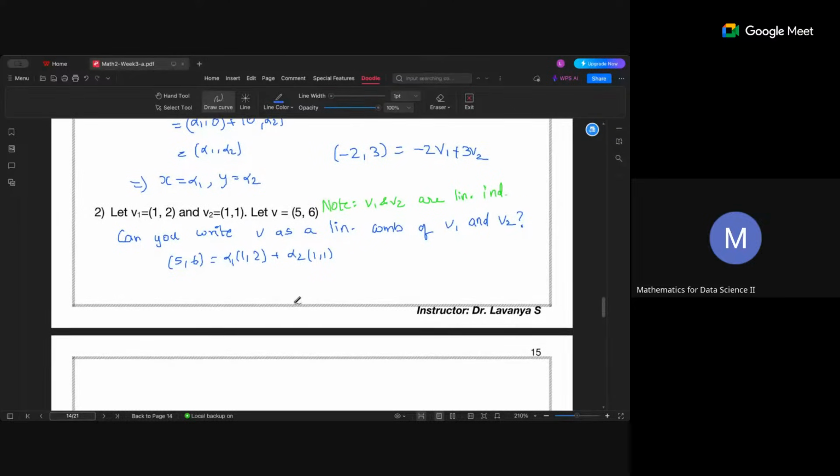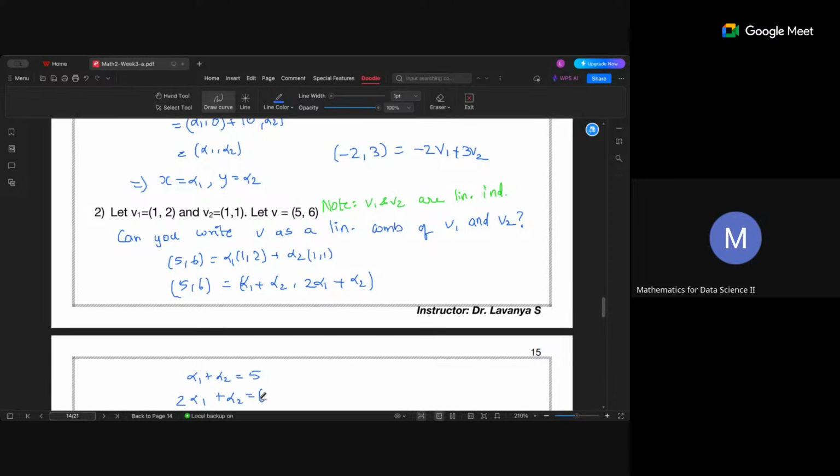To find alpha 1 and alpha 2, you need to solve a system of linear equations. So (5, 6) is equal to (alpha 1 plus alpha 2, 2 alpha 1 plus alpha 2). Is this step fine? I have just simplified the RHS. Now equate the components on the LHS and RHS. You get a system of linear equations.